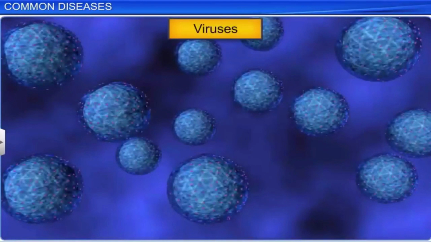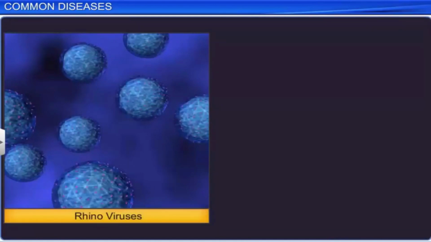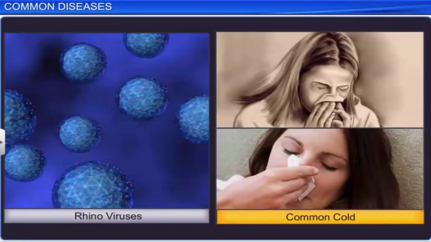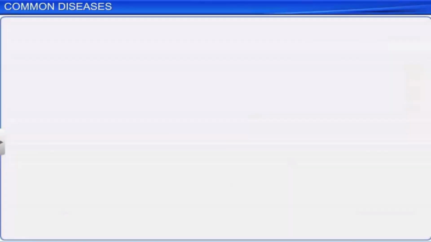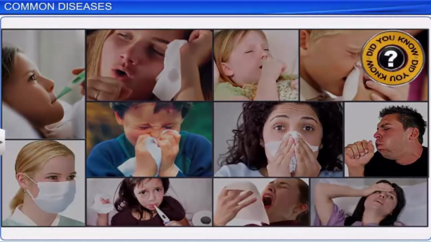Viruses are not behind when it comes to causing infectious diseases. Rhinoviruses are responsible for causing the common cold. Did you know that the common cold is one of the most commonly infected human diseases?